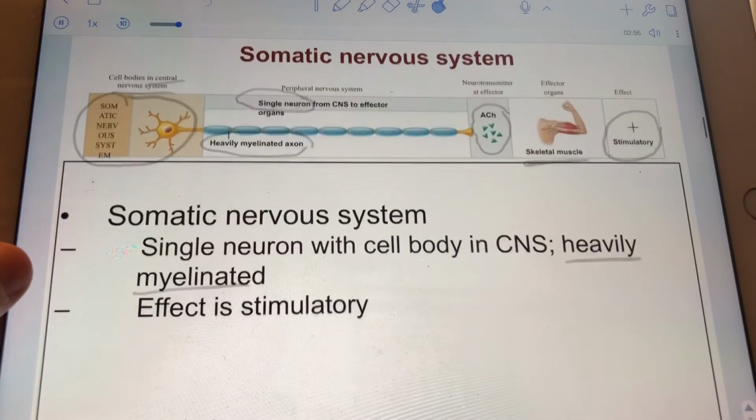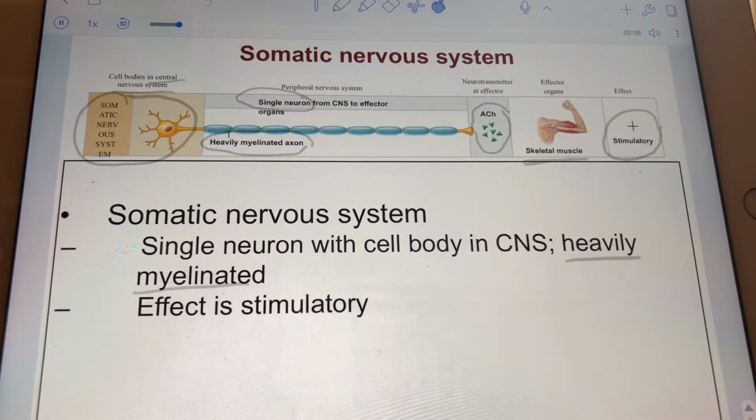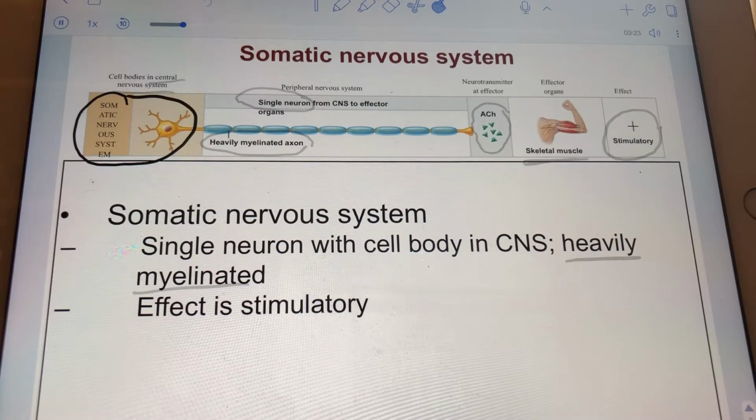Slide 8. These slides look so different through Notability. The somatic nervous system features pathways that consist of a single neuron whose cell body is located in the central nervous system, and whose axon is heavily myelinated.